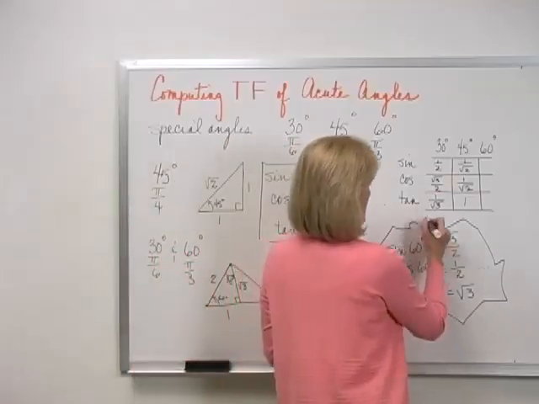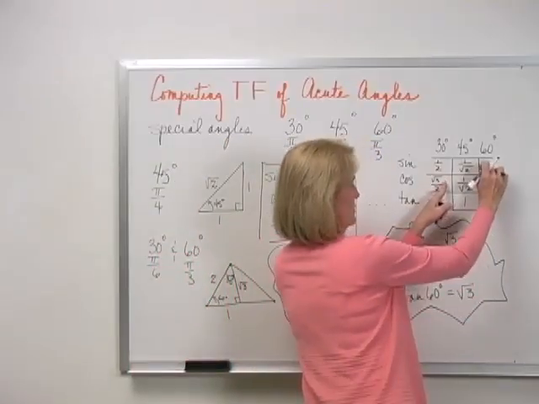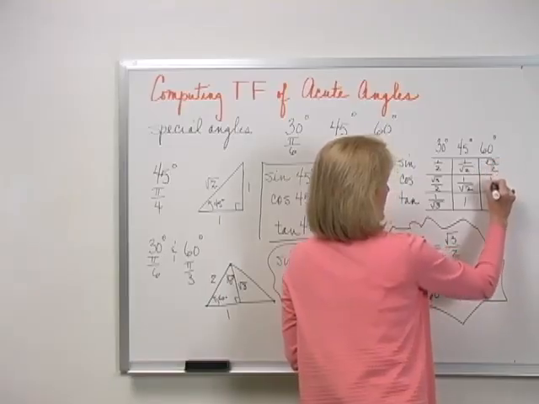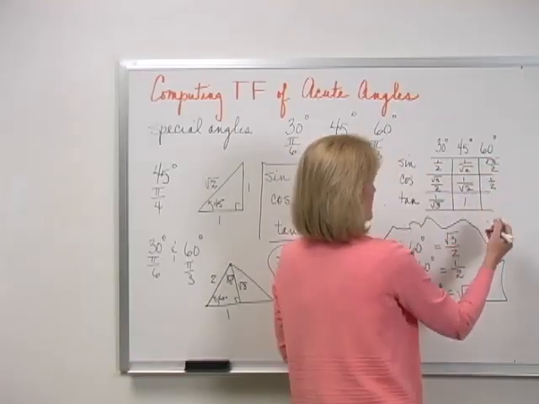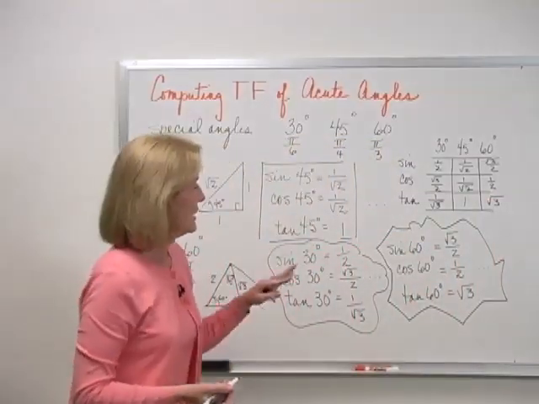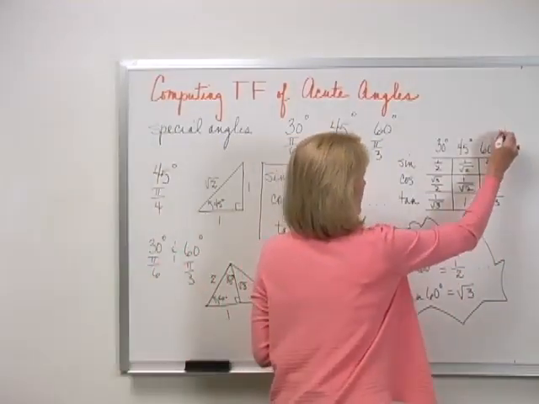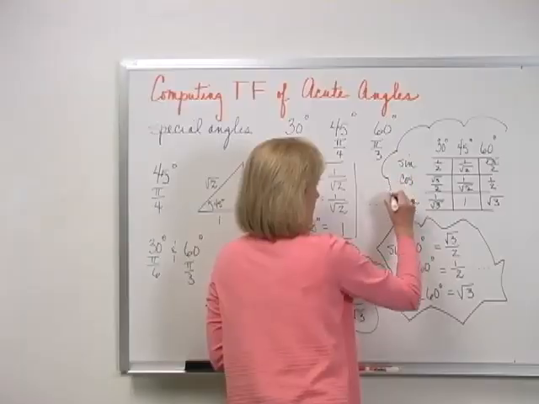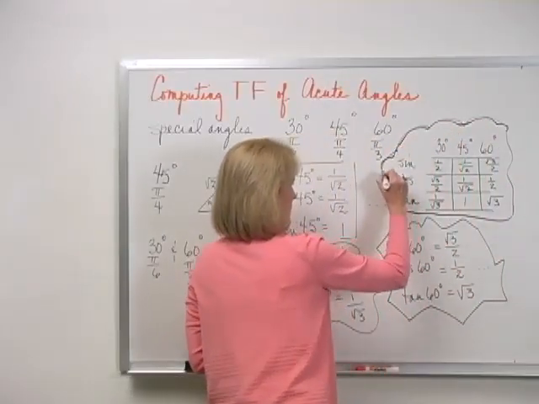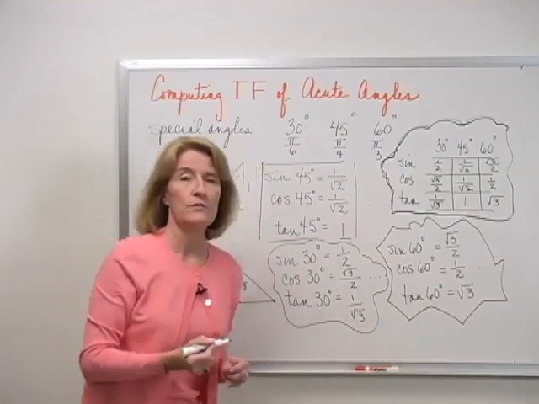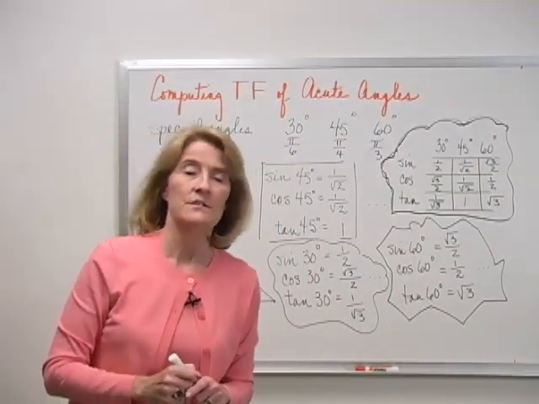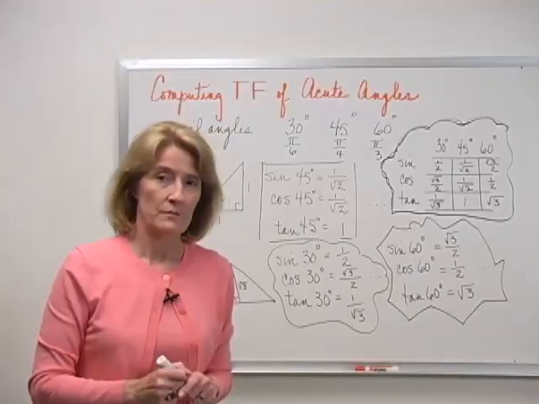And so we have the sine of 60, which of course is the cosine of 30. So these are easy, they're just switched, and then this one is the reciprocal. This right here is so important. You will use it over and over again. Let's take a look at some examples where we use this information.